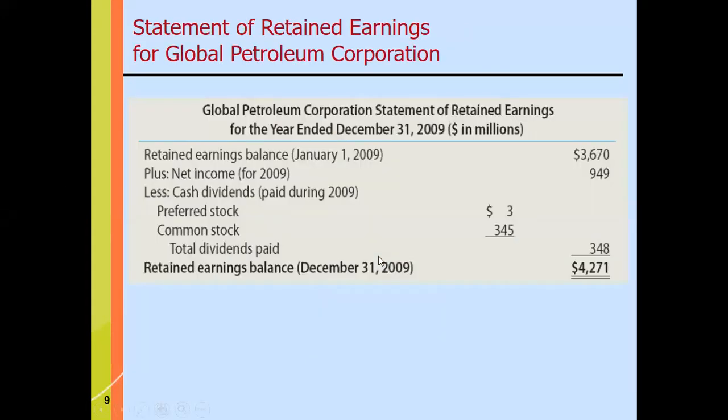Then to continue, we have an example here. Retained earnings or accumulated profits and losses beginning. We add our net income to get the total, less our cash dividends from preferred stock or preference share and common stock or ordinary share, and we get our ending balance of retained earnings.